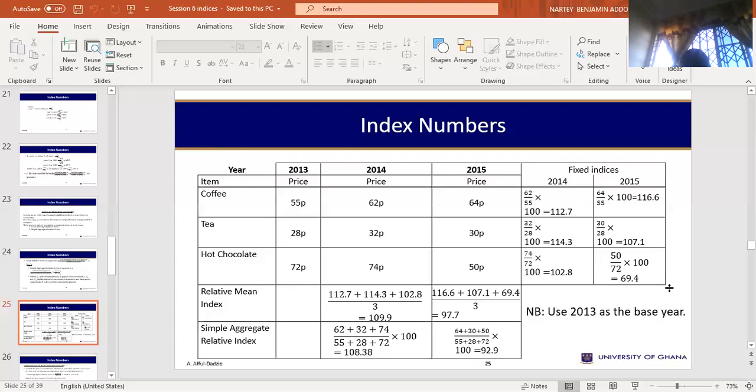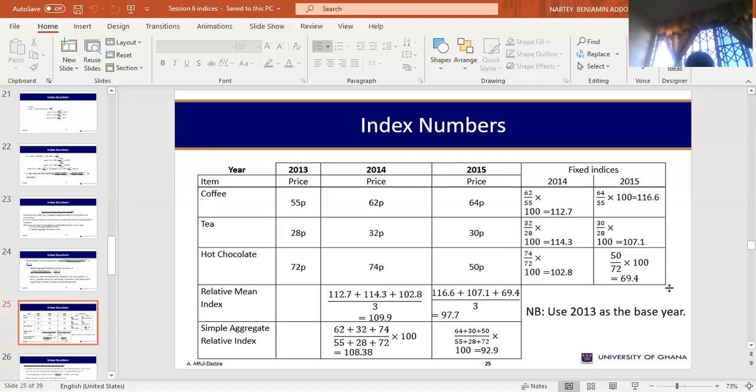It ignores all these units. Now, these problems are overcome by using either the simple arithmetic mean of relative method, as well as the weighted average method. We'll come to the weighted average method very soon.